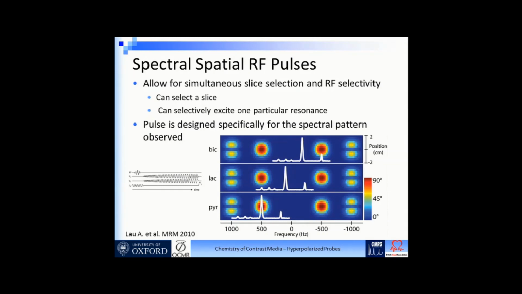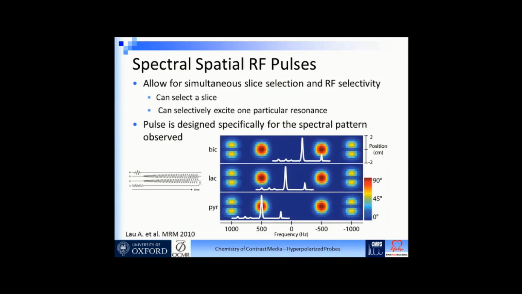So we can select a slice within our sample, but also selectively excite just one particular resonance. So the pulses tend to have pass bands and stop bands where there's no excitation, where there's frequency excitation, but there's also spatial localization in the other domain as well. So you can pick out one particular resonance and just excite that, and then just shift the frequency of the pulse and choose different resonances to acquire.